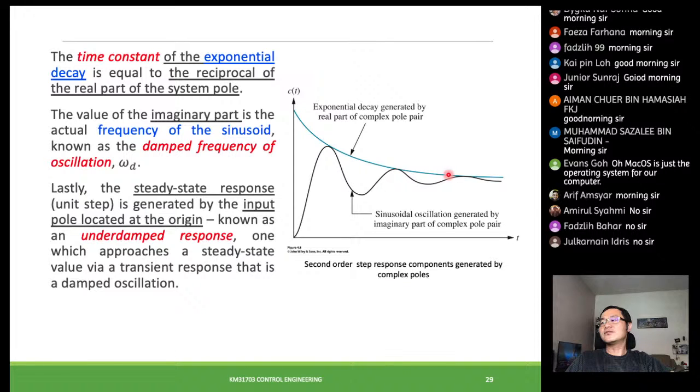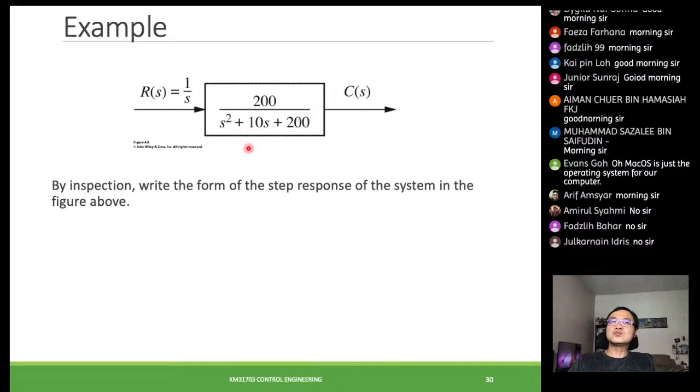Next we would just solve this part and break it into the solutions, and from the solutions we want to know whether they are imaginary or real, complex solutions or real solutions. For this example, we get complex solutions for our denominator, meaning we immediately know the response would be underdamped, right?